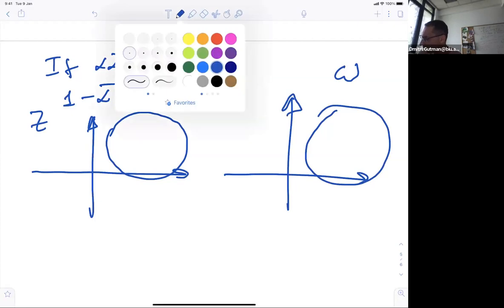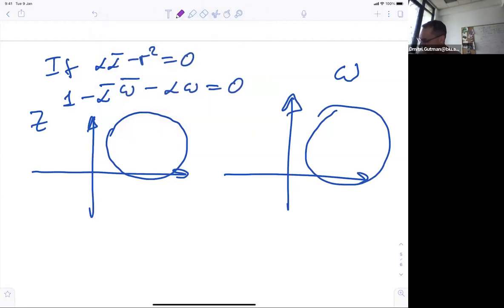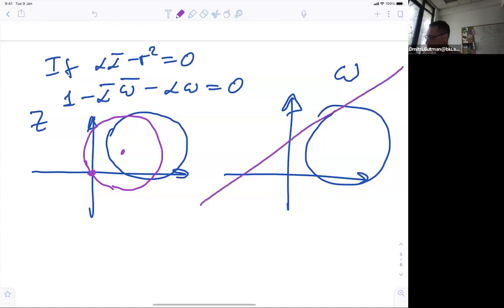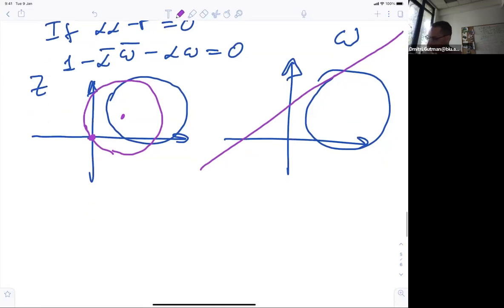Or you can have another circle that crosses the origin, and this circle is mapped onto a straight line under this transformation.